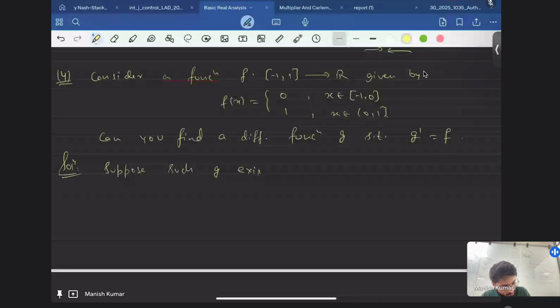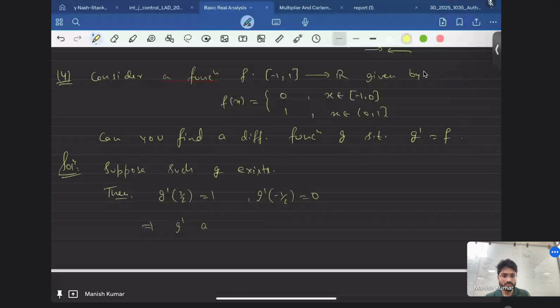This would mean that g prime assumes any value between 1 and 0. But you know it's not possible by the definition itself. This is a contradiction. Is it okay?